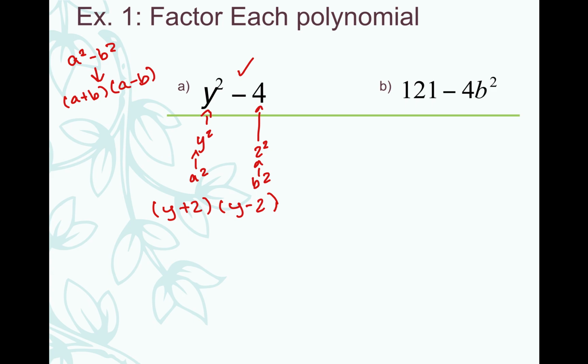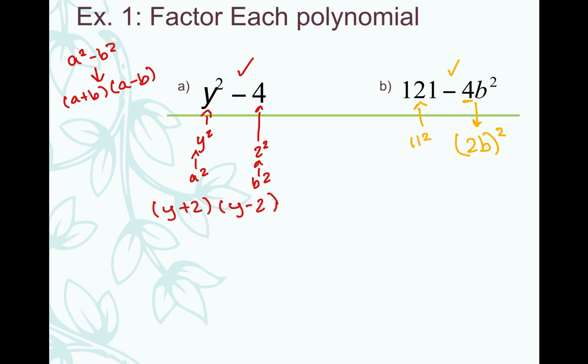Okay, let's try another example. First of all, let's check if it's a difference. Yep, it's two terms, it's a difference. Let's check if they're both squares. Well, 121, that's the same as 11 squared. 4b squared, well, that's the same as 2b quantity squared. Remember the constant out front, what we're multiplying by, also needs to be a square in order for this to work.